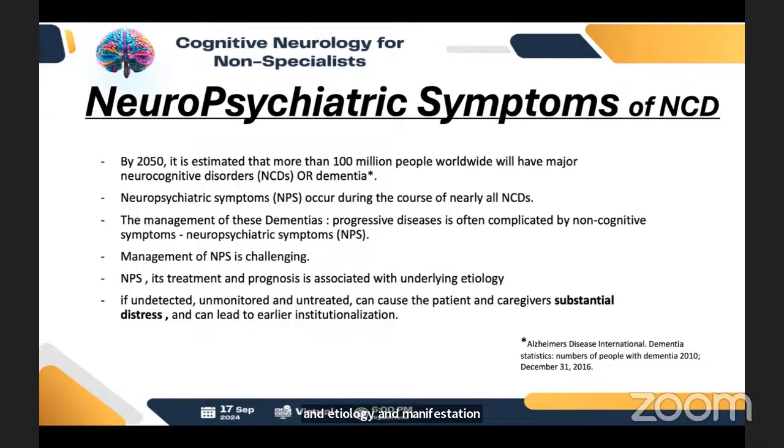So those are neuropsychiatric symptoms. If you leave them undetected, unmonitored, and untreated, they will cause the patient and the caregiver extreme or substantial distress, and they lead to earlier need for long-term admission.